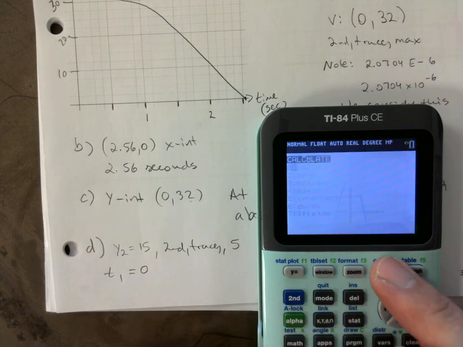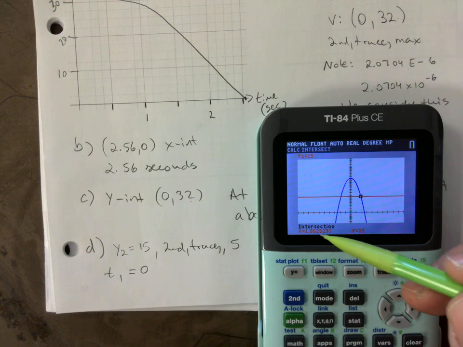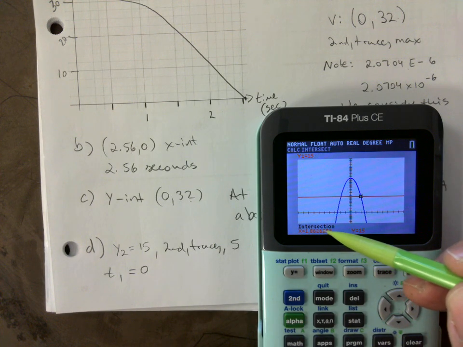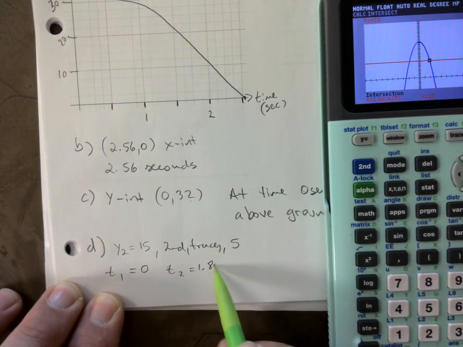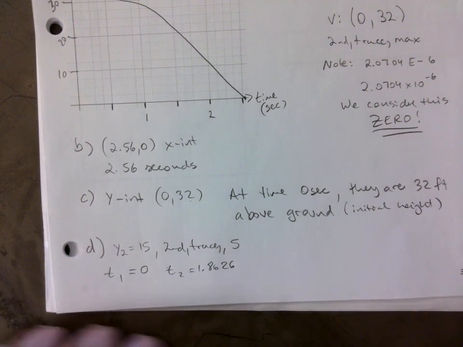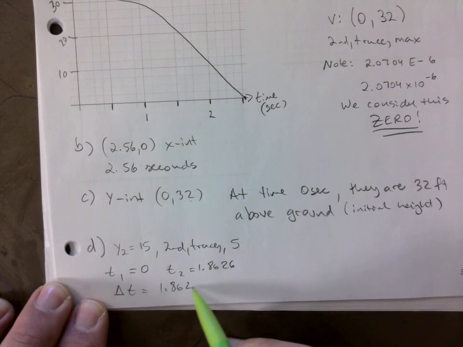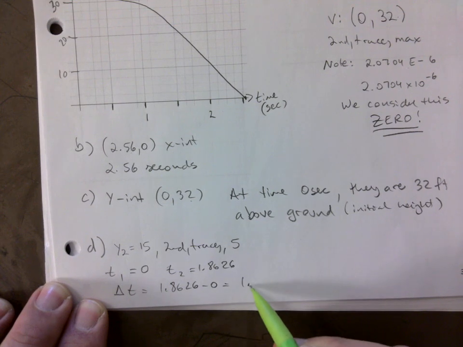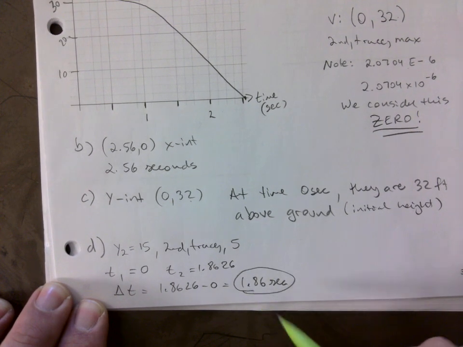And then we're going to go second trace 5 and find that the next instance, which is 1.8626. So delta t is going to be 1.8626 minus 0. That's 1.86 seconds. That's it.